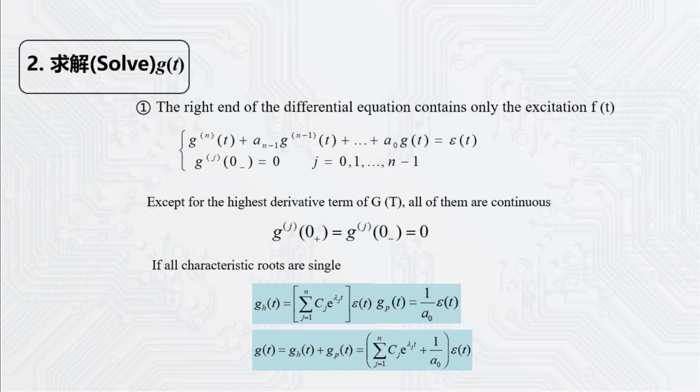In this case, it's from 0 to n minus 1. Just now we analyzed that the solution of step response should include the homogeneous solution and the special solution. This is the homogeneous solution. After that are the special solution and the form of the whole solution. This is the first situation.